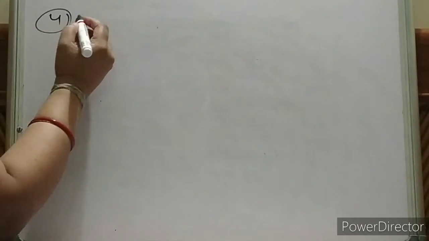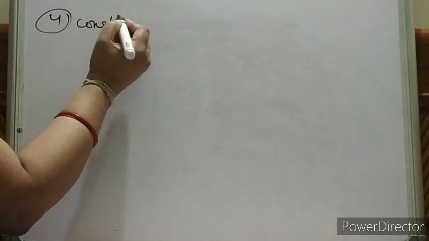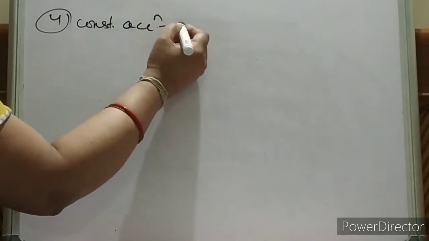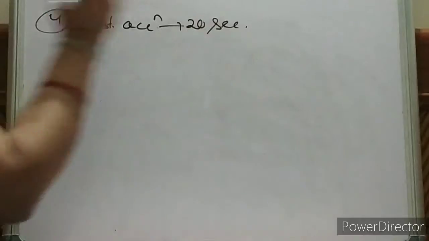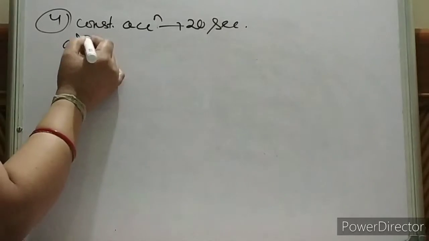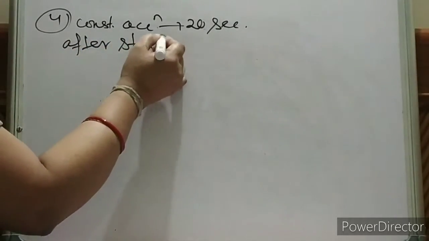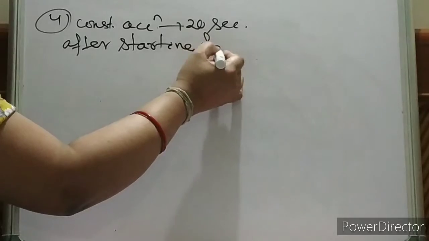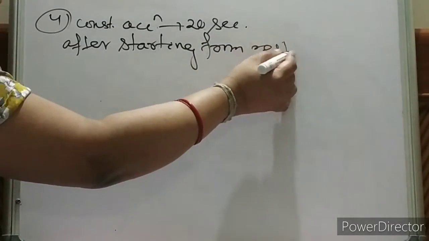Numerical number 4. So what is the fourth problem? Fourth problem is a particle experiences constant acceleration for 20 seconds after starting from rest. That means which information is given?